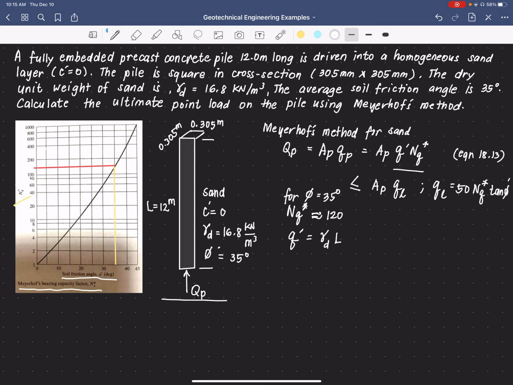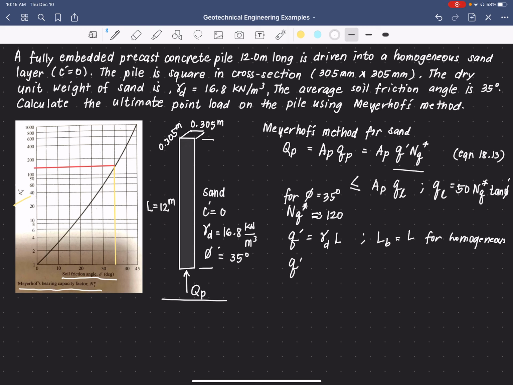Since this is a homogeneous soil, the limiting value of L is the actual embedment length, or L sub B, which is also equal to our L. But if our soil is not homogeneous, we have to calculate the maximum value of embedment.